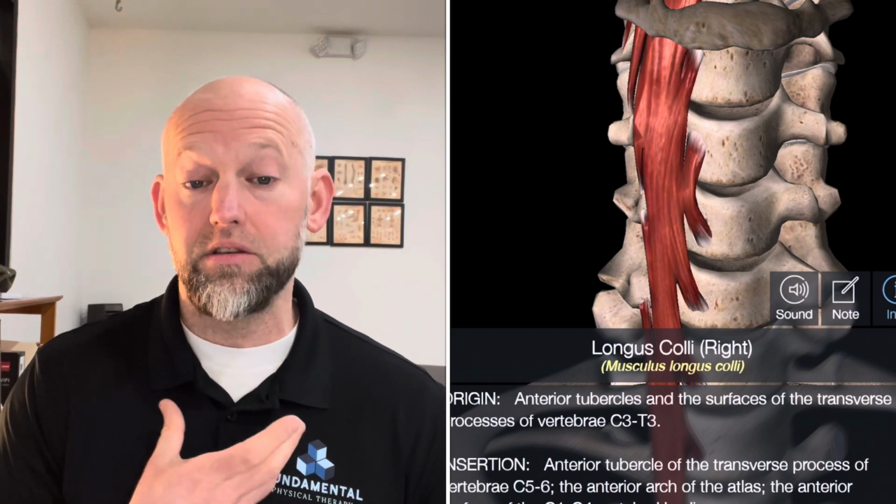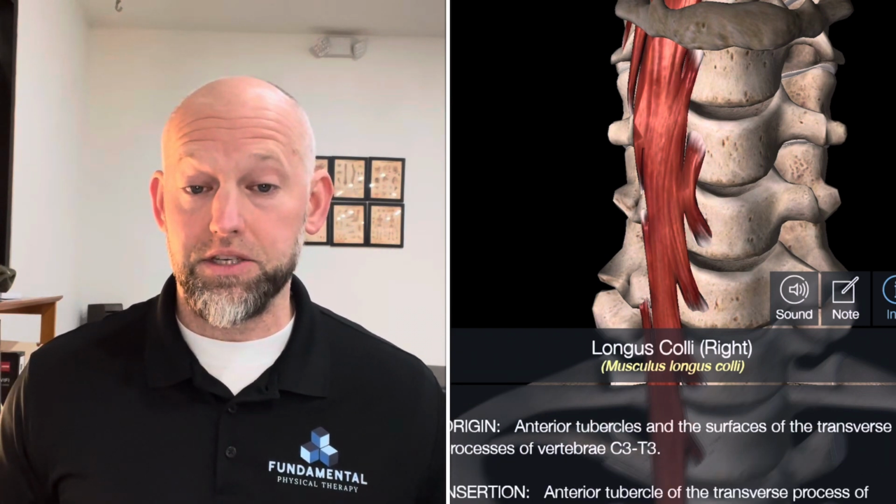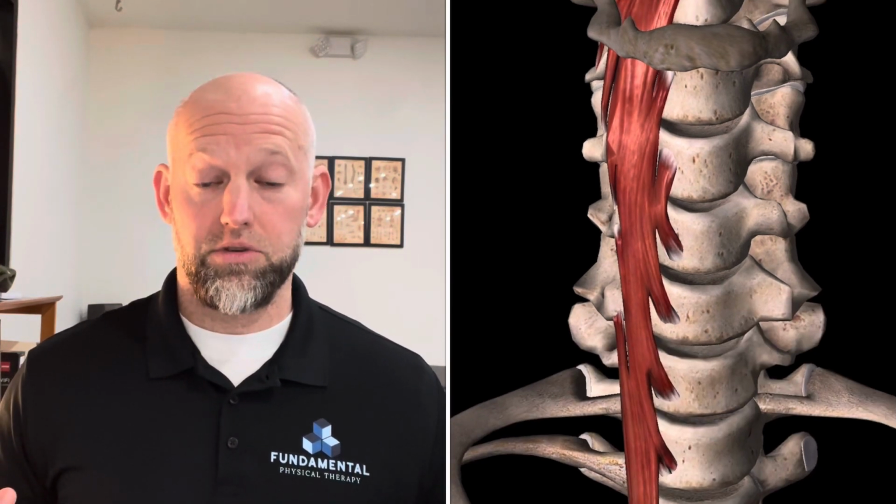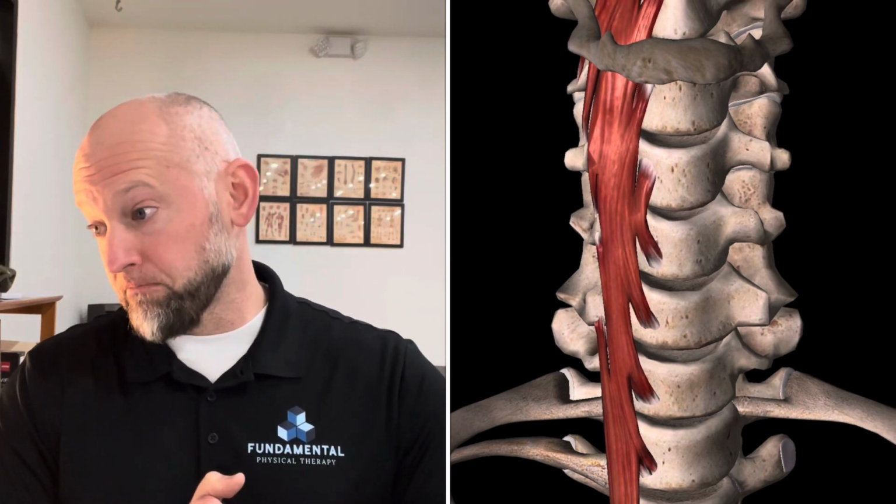I'll leave that there. So longus capitis, a segmental stabilizer on the front of our neck, attached to the skull. Longus colli doesn't go up as high, but nonetheless, they work together to maintain that posture. Those are your chin tuck muscles.